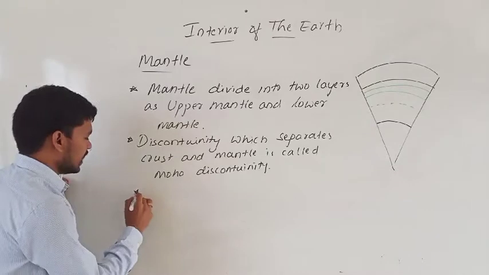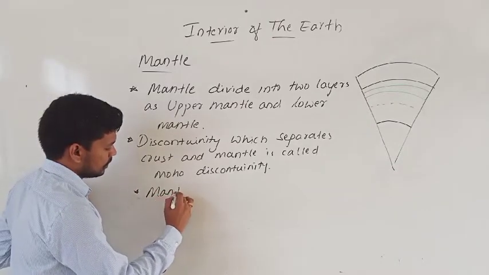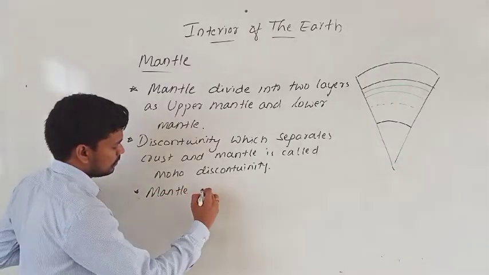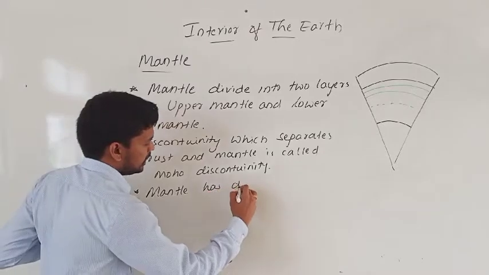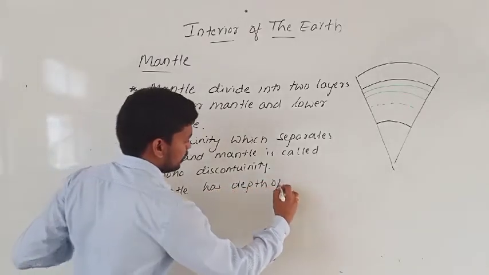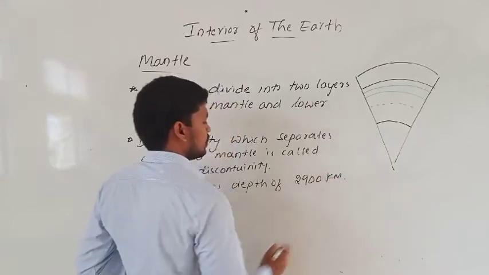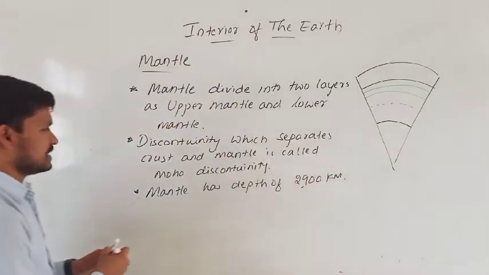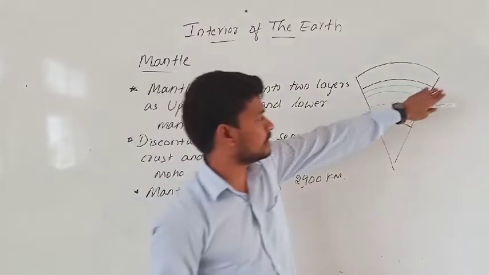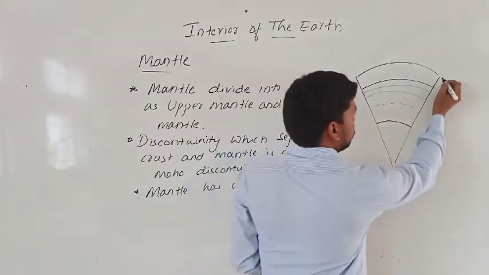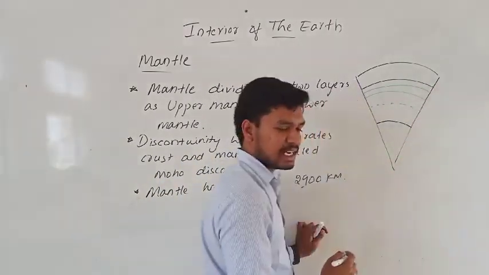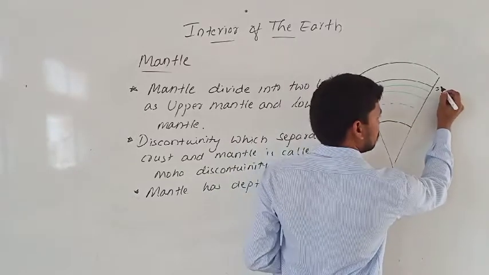So this mantle has a depth of 2,900 kilometers. It extends up to 2,900 kilometers. The depth of the crust is about 30 kilometers.